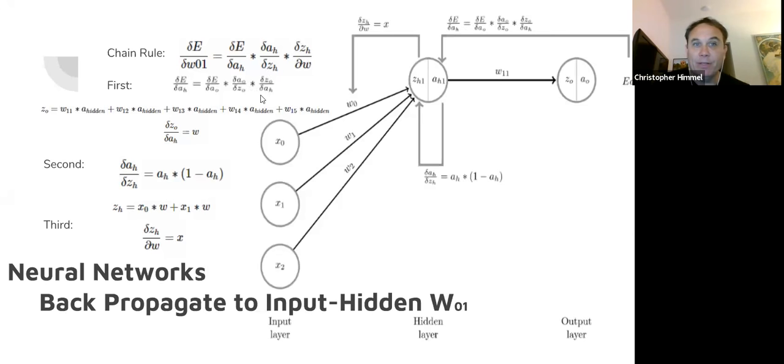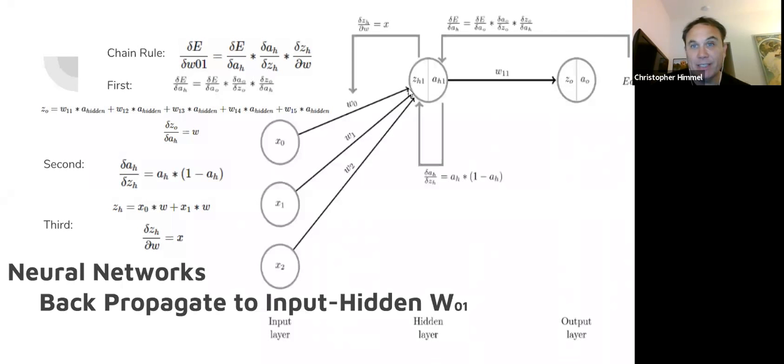Now we need to go and calculate all of these values, all of these partials. So we've already calculated a couple of these. Like for instance, the change in E with respect to A0. We calculated that already previously. We calculated this one previously. We have not calculated this one.